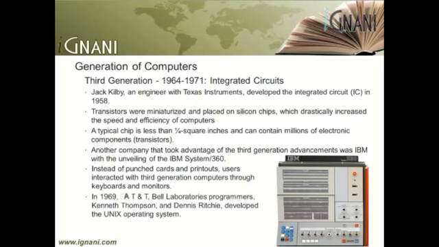In 1969, AT&T Bell Laboratories programmers Kenneth Thompson and Dennis Ritchie developed the Unix operating system on a spare minicomputer. Unix was the first modern operating system, which provided a sound intermediary between software and hardware.